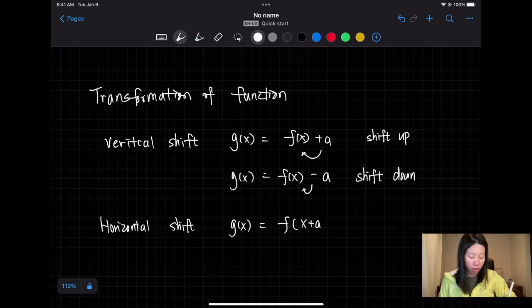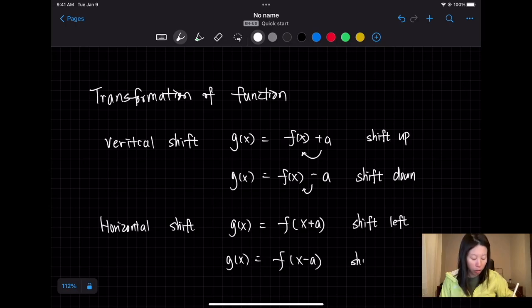So that means if you add an a, remember adding, because I said it wrong when I showed it to you, you're going to shift to the left. When you minus a number, it's going to shift to the right. Okay, I am going to show you here again.